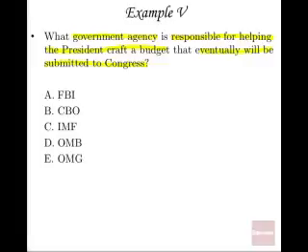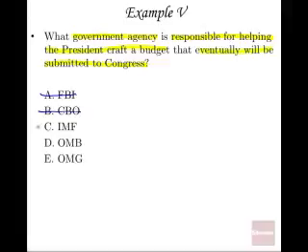No, it's not the FBI. The FBI is in charge of a lot of domestic surveillance, a lot of things that deal with crime prevention and high-level crime. The CBO, no, they're the arm of Congress that provides a lot of financial data to congressmen who tend to be more generalists.